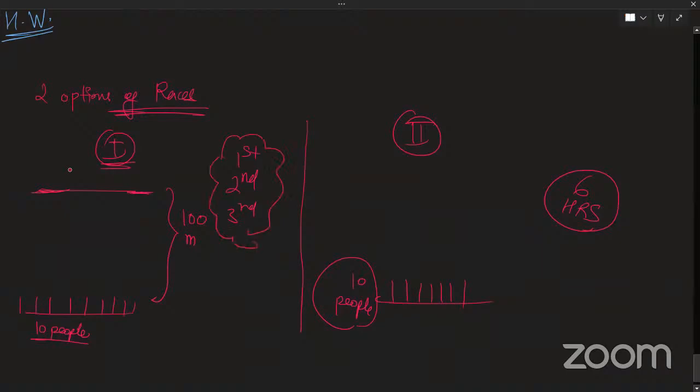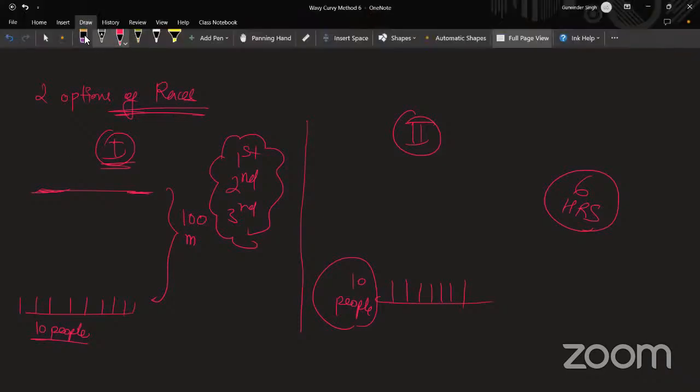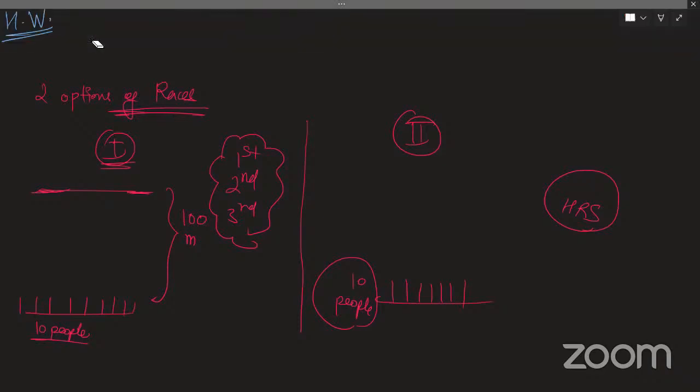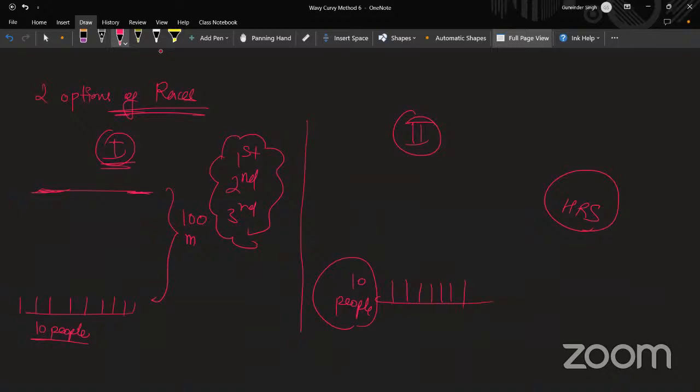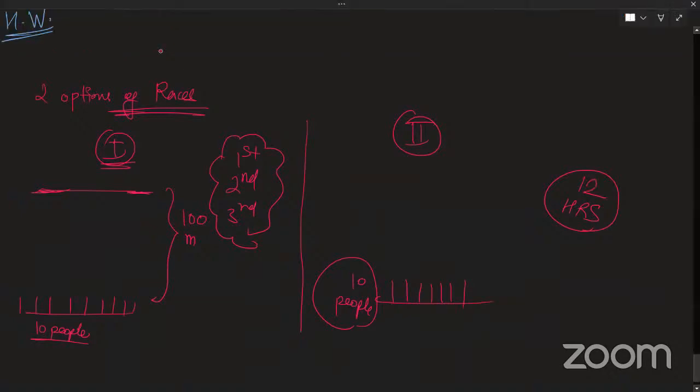I am giving you 6 hours, or let us increase it to 12 hours. Whoever has traveled the most distance, take distance, not displacement, in these 12 hours will be the winner.